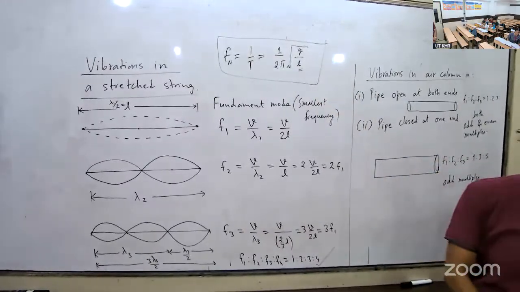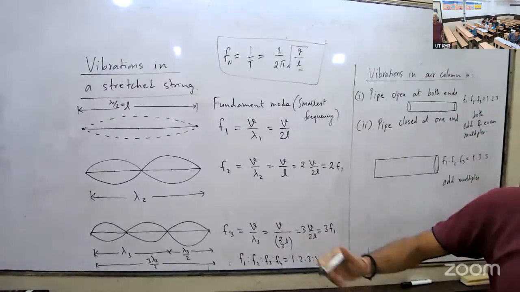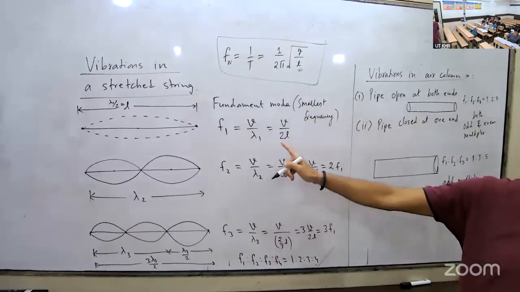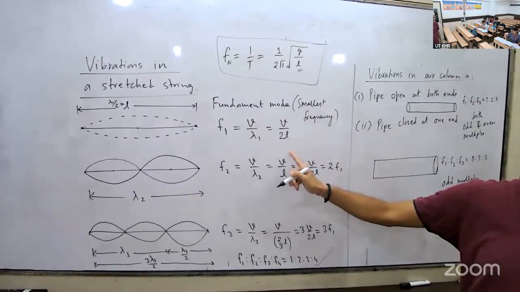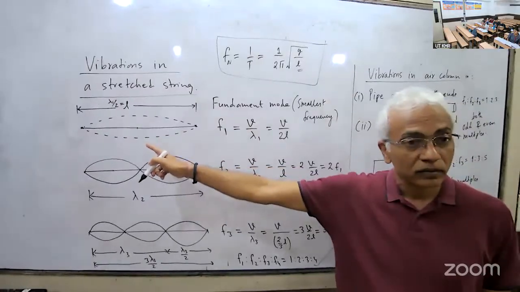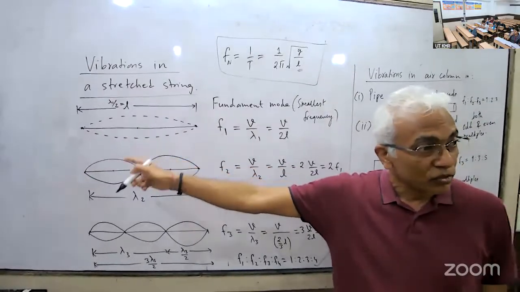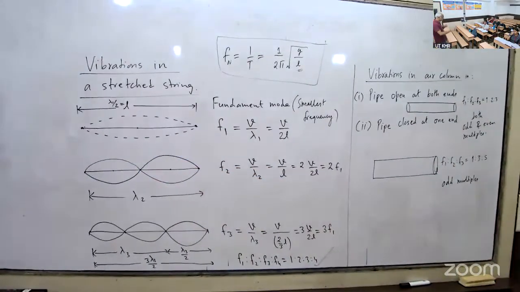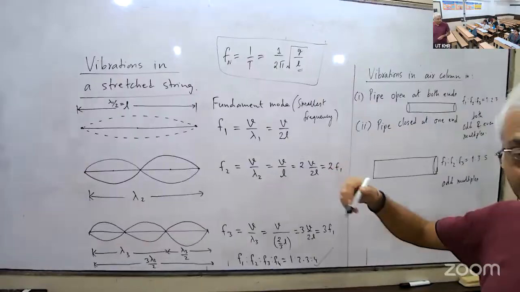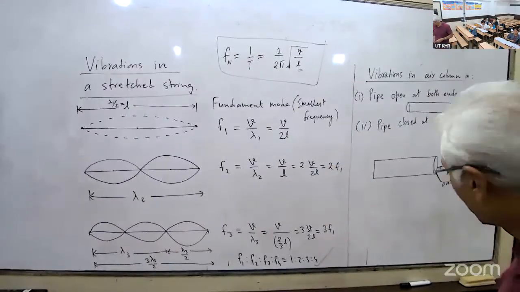Then, what is the frequency given in case of stretched string? We just saw it is given by V by 2L. So what is V in this case? How is V or the speed of sound given in case of a solid medium? First lecture I had given you that. Kya tha V? Root T by M. Theek hai?